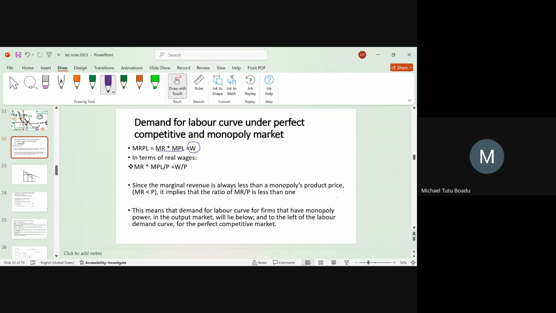In the case of a monopoly, marginal revenue is not equal to price. That is only for perfect competition. For monopoly, marginal revenue is always less than the price. Maybe let me demonstrate that.